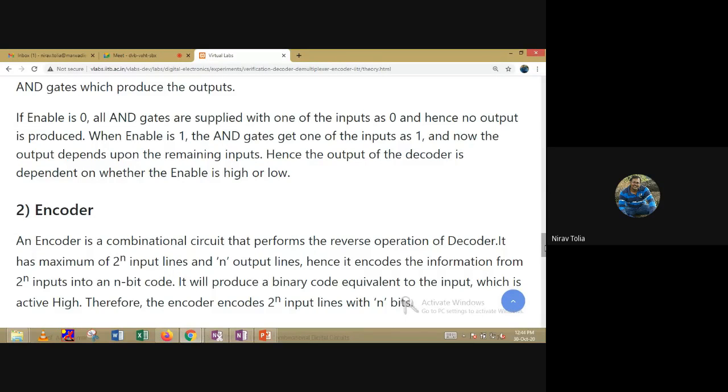But if anyone has any doubt in the decoder, either the 3x8 decoder or the 2-line to 4-line decoder, you can ask me a question in the chat or by unmuting yourself. If you do not have any doubt, please write clear in chat so we move to the encoder.